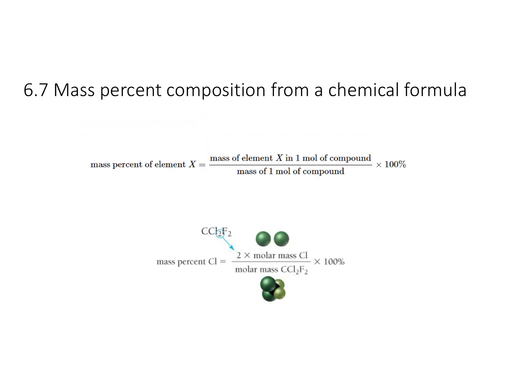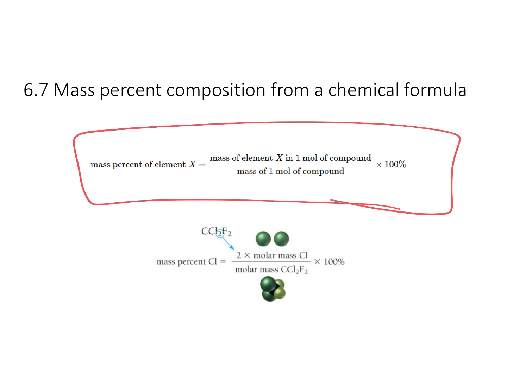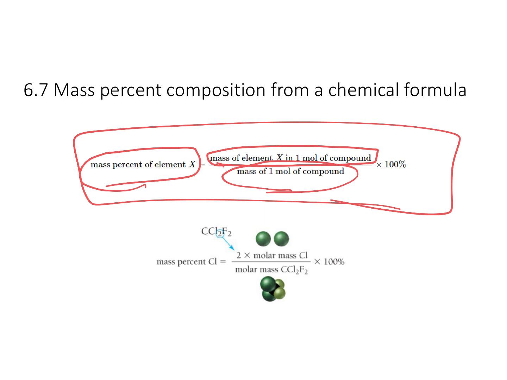Practically, when I give you a molecular or chemical formula, this is how you compute the mass percent of the element. If you want to find the mass percent composition of element X, you calculate the mass of element X in 1 mole of the compound, divided by the mass of 1 mole of the compound, multiplied by 100%.